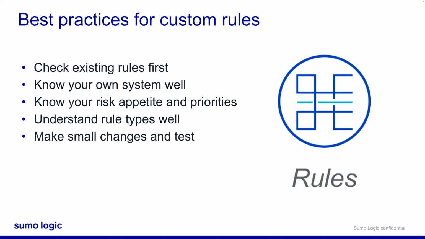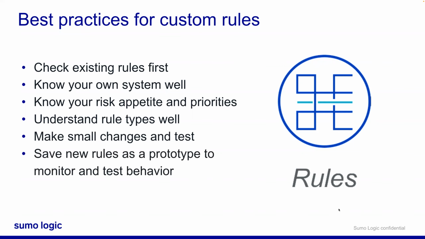Change it from an 8 to a 7, see how it works, 7 to a 6, and start to dial it back that way. And then the best practice that we used yesterday, and will continue to use today, is when we create that rule, saving it as a prototype. That's going to allow the system to monitor the rule's behavior without creating new insights and alerts. And so it's a good way to test rules without junking up your system, which is always good.